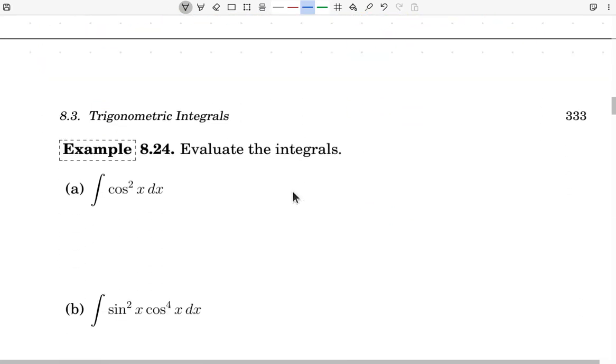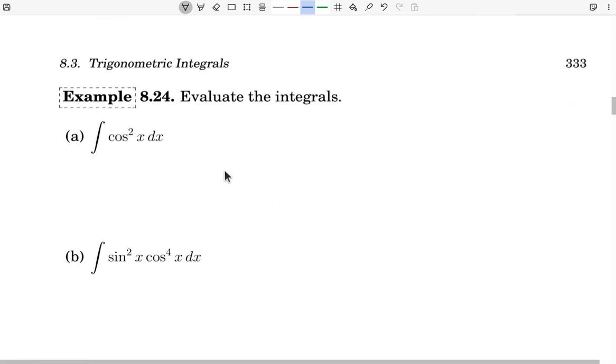Okay, now we'll try to solve this one. Now cosine squared, so it's quite easy. By using the half-angle formula, we can write down half of 1 plus cosine 2x dx.